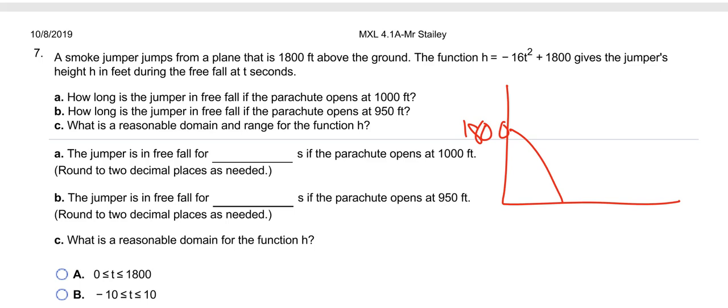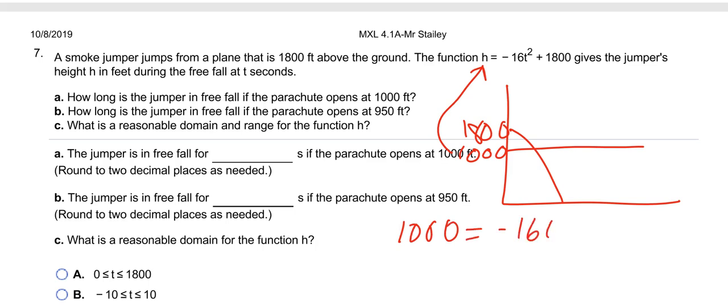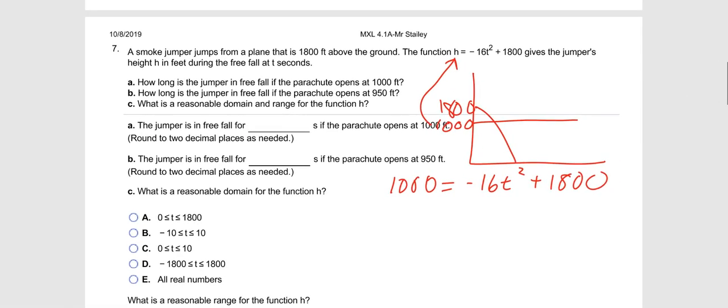okay? Now, if we want to know when the parachute opens at 1,000 feet, then that's what our H value is going to be, 1,000 feet. Now, this is not a factoring question.